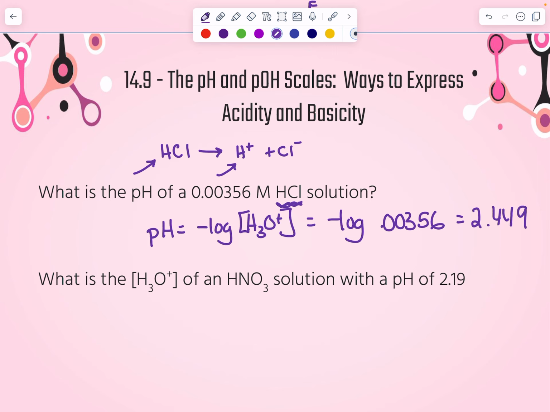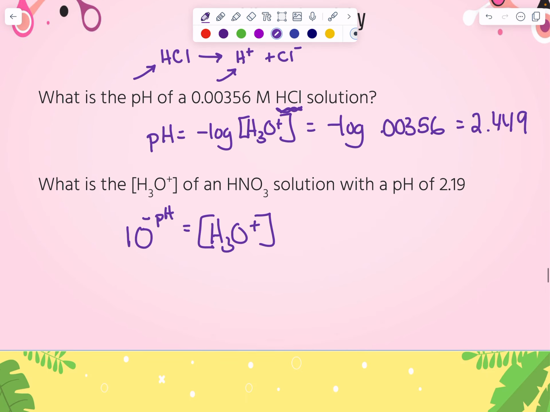And this one is going the other way around. So the formula is 10 to the negative pH is going to be equal to the H3O plus concentration. So 10 to the negative 2.19, and that comes out to be 0.0065 molarity, right? Because it's the concentration.